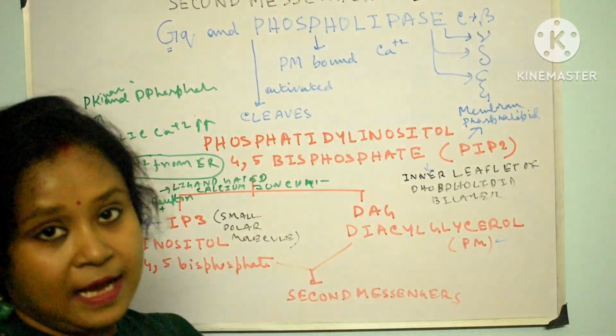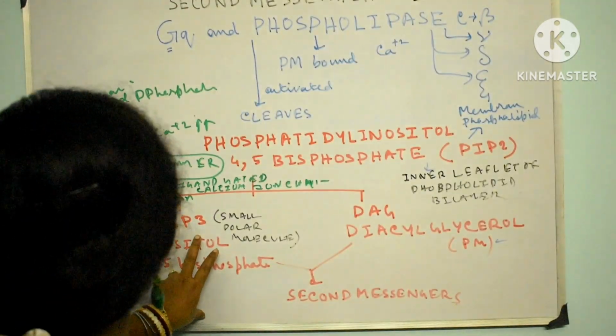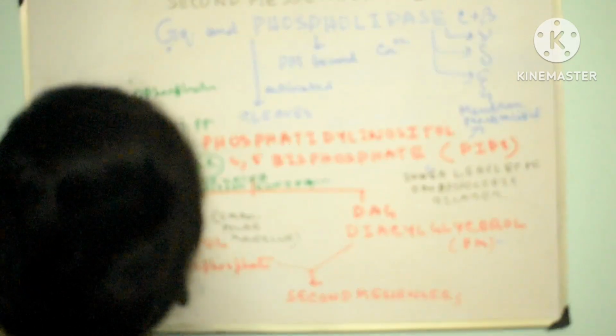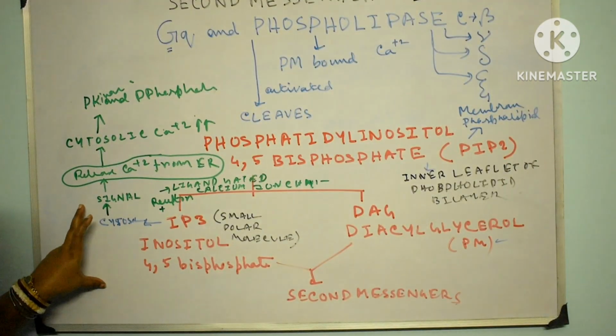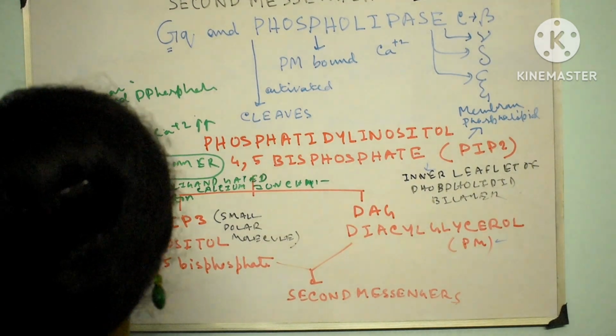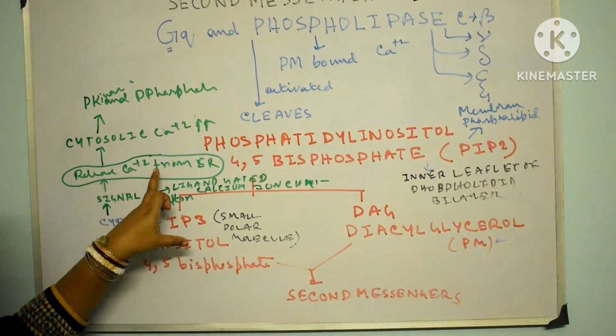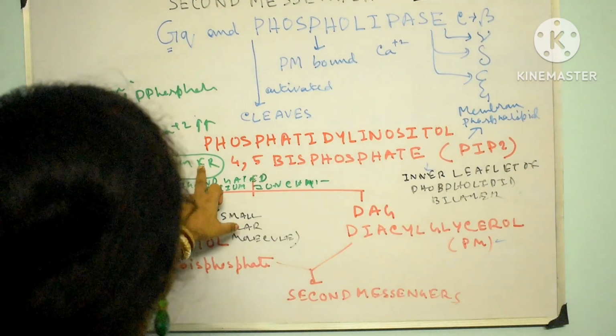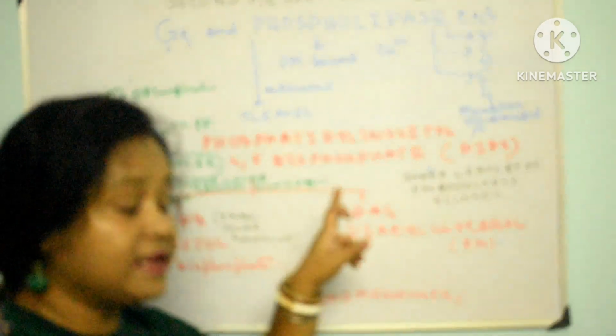Let's concentrate and sum up. This secondary messenger IP3 is released into the cytosol. It gives a signal, and for this, calcium ion is released from the ER, the endoplasmic reticulum.